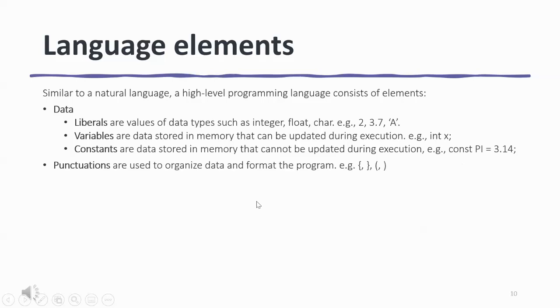Another element is punctuation in the programming language. Punctuations are used to organize data and format the program. For example, we use curly brackets to organize the blocks in programming code.